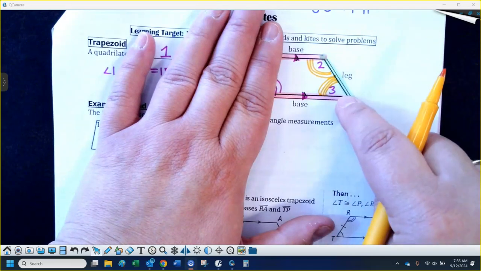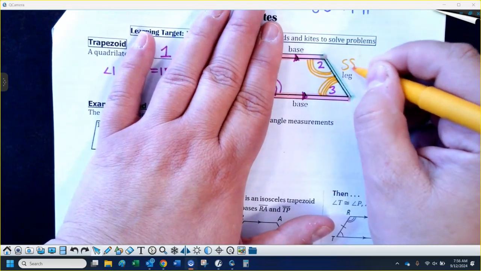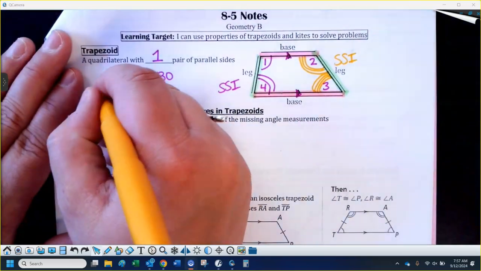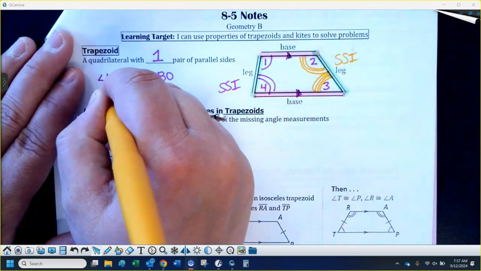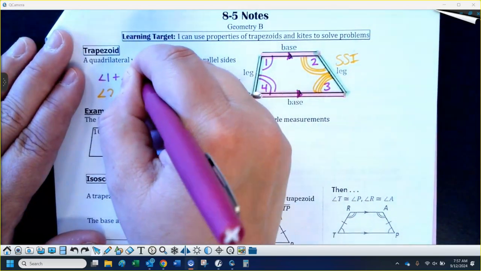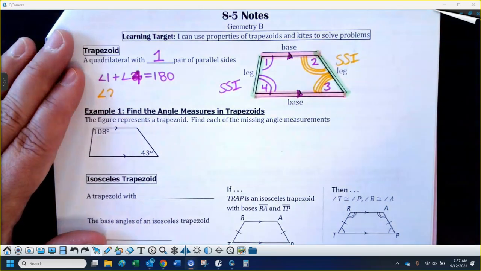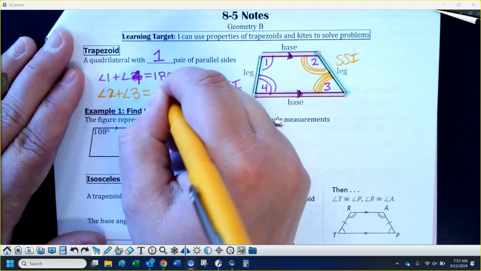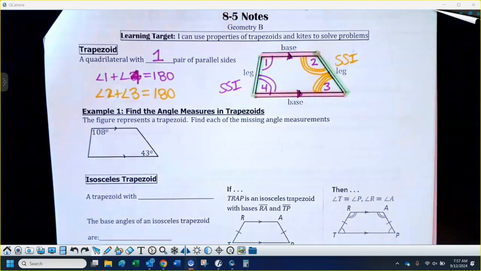But those two angles are also a set of same side interior angles. Those would also add up to 180. Oh, I just wrote that wrong. That's probably why you were confused. I apologize. This was angle 1 and 4. All right, angle 2 and angle 3, the way I labeled it in my picture, would also add up to 180.